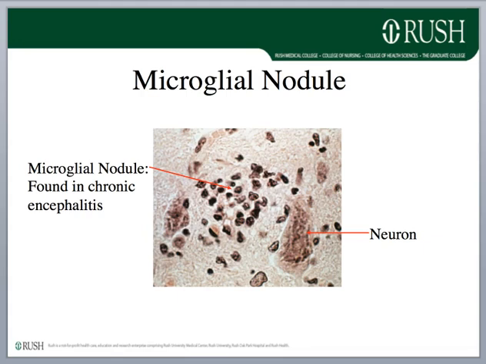So this is an accumulation of these cells. You can note, just like in other organs of the body, these macrophages have irregular kind of indented nuclei, and when they form a cluster like this in the CNS, we call them microglial nodules. And these are characteristically found in chronic encephalitis. Again, they're not specific to any disease, but are a reaction pattern to injury.